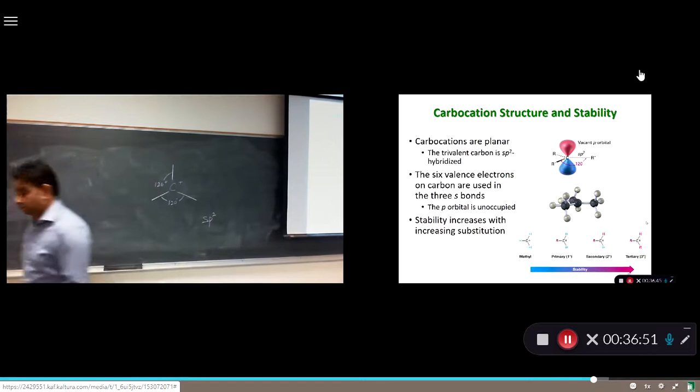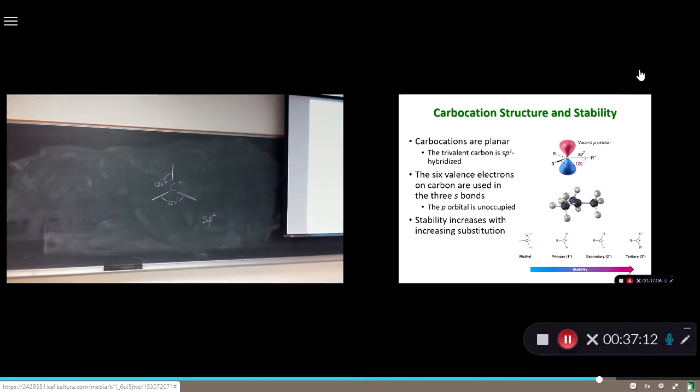And the stabilities, we already talked about the stabilities, guys. Tertiary carbocations are much more stable compared to secondary ones, and secondary carbocations are more stable compared to primary. And then when you have a methyl group, it will be the least stable carbocation. Why?